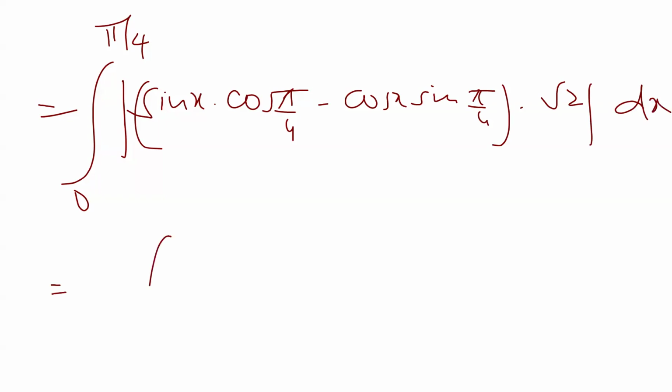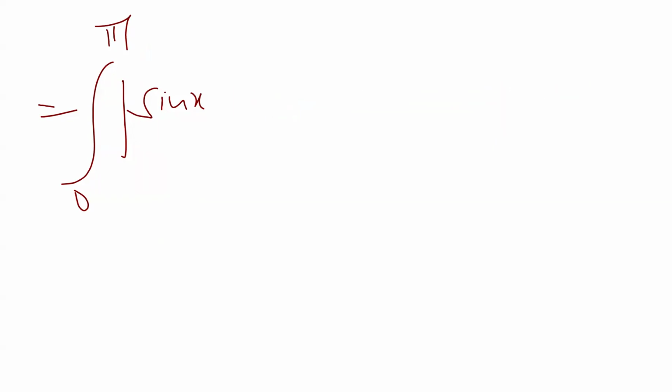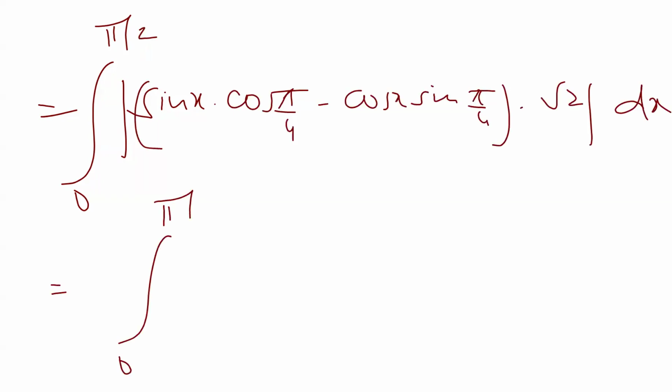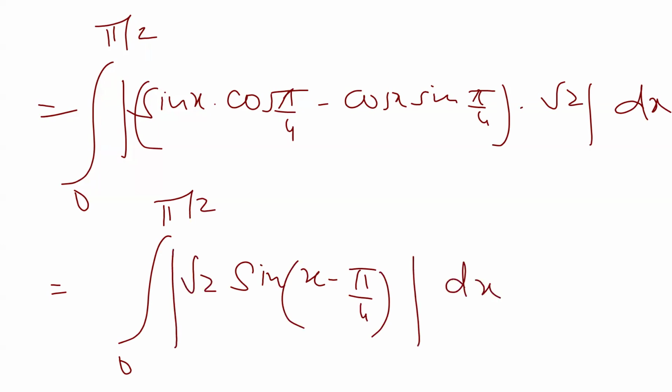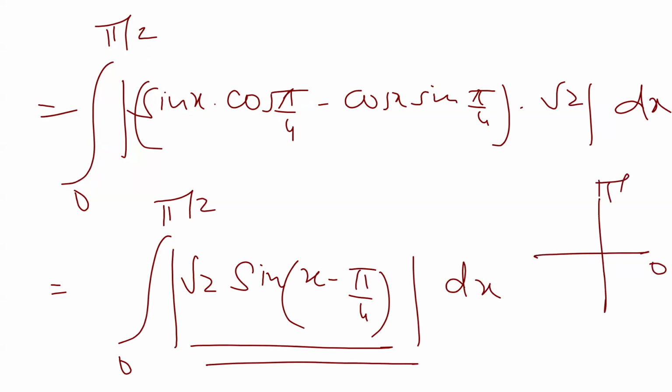dx. So 0 to pi by 2, sorry, not pi by 4. Sin of x minus pi by 4, and root 2, I'll just write it over here, dx. Now this is a sine term and 0 to pi by 2 is the first quadrant, so this entire thing is going to be positive only.